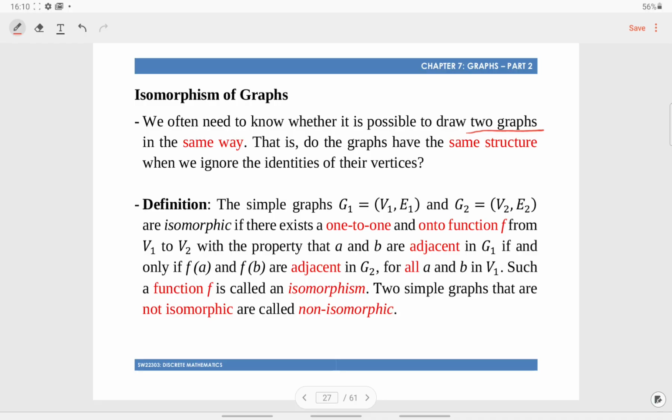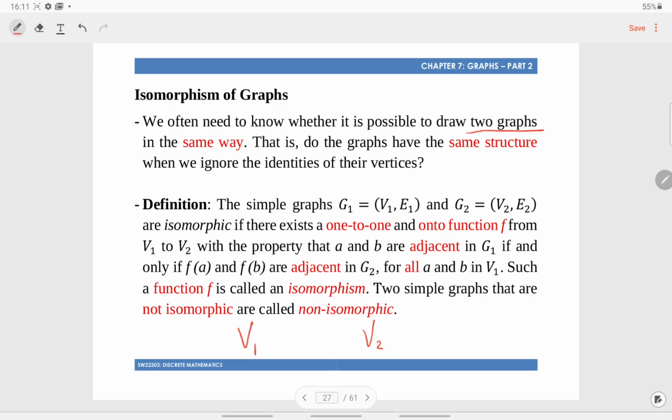The simple graphs G1 and G2 are isomorphic if there exists a one-to-one and onto function from the set V1, which consists of all the vertices of the graph G1, to the set V2, which consists of all the vertices of the graph G2.